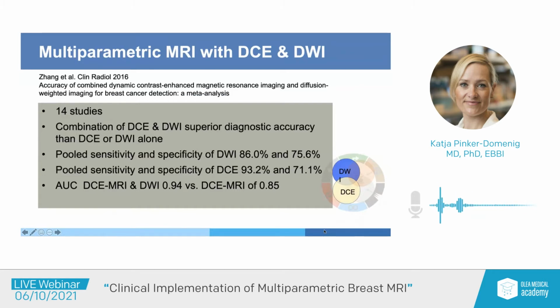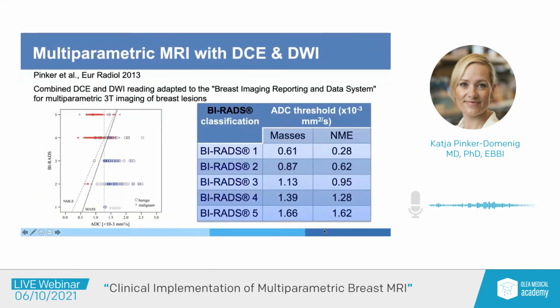The combination is superior to DCE MRI alone, with the maximum AUC and diagnostic accuracy. So if you should do anything, you should do both, and put the information of both imaging modalities together. I think it stands to reason: if you have one piece of the puzzle or two, what will make it easier for you to see the full image? That has been confirmed by numerous studies out there.